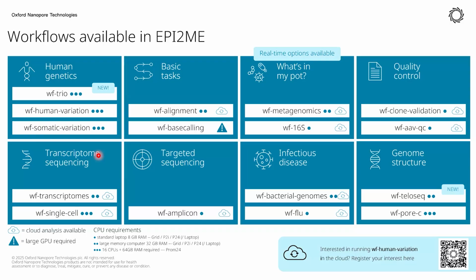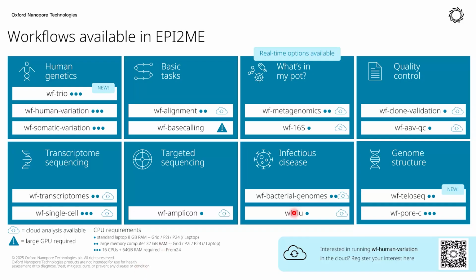All of these workflows are going to be looking for different variants in your sample, whether they're single nucleotide variants or structural variants. And some of the workflows will also help you with the analysis of the methylation data in your sample, or looking at things like STR expansions or copy number variation. We have workflows that cover basic tasks like alignment or base calling.